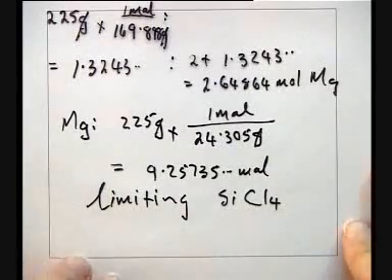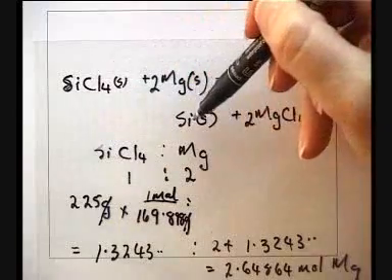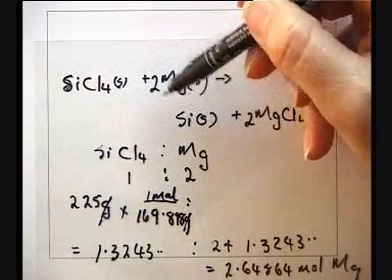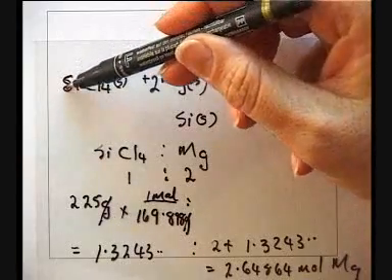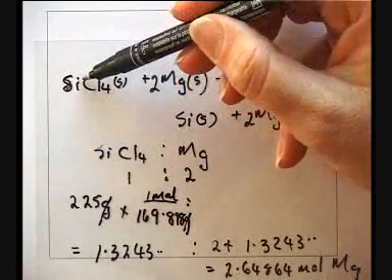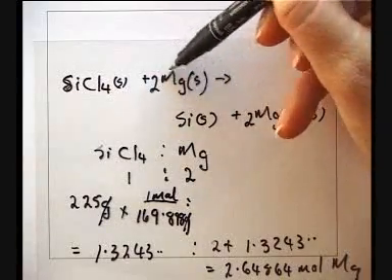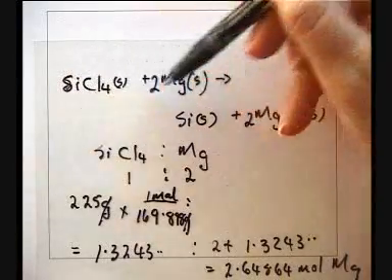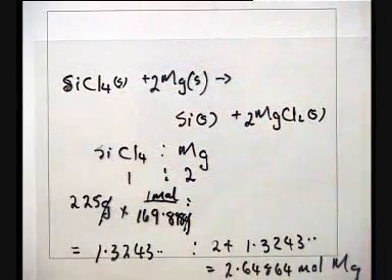This means, if you look at your reaction equation again, that silicon will be determined by all the silicon tetrachloride present. Silicon tetrachloride is the limiting reagent. There is more than enough magnesium present to react with all of this, and in actual fact, some of the unreacted magnesium will be left.